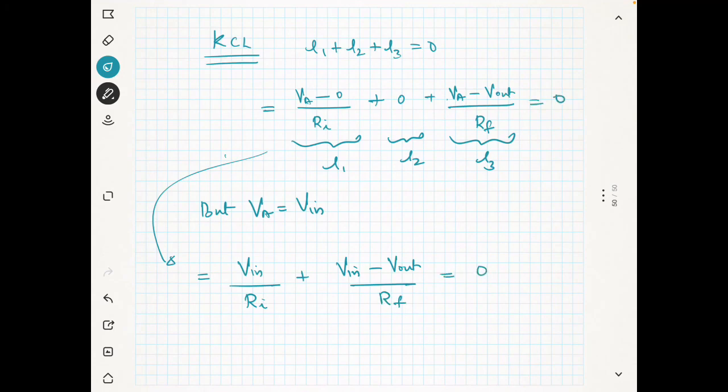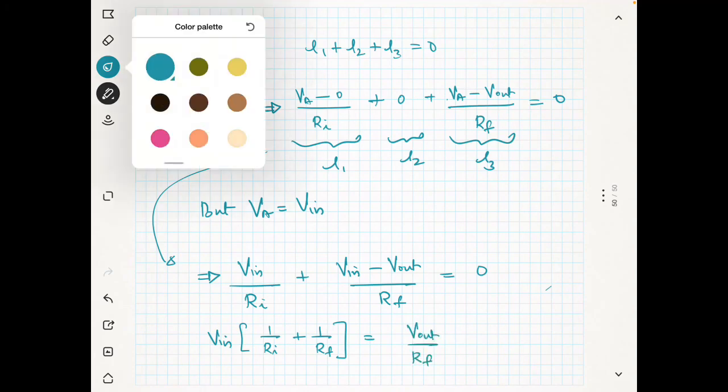This total is equal to 0. That's what the Kirchhoff law means. So I will put all the V in terms together: V in into 1 by Ri plus 1 by Rf is equal to V out by Rf.